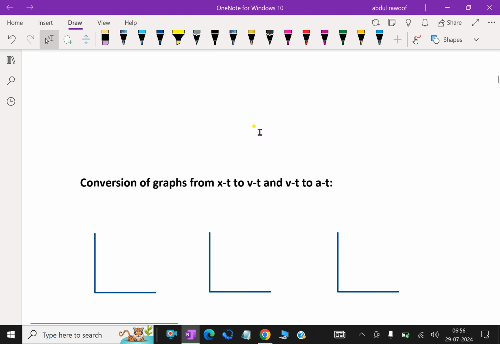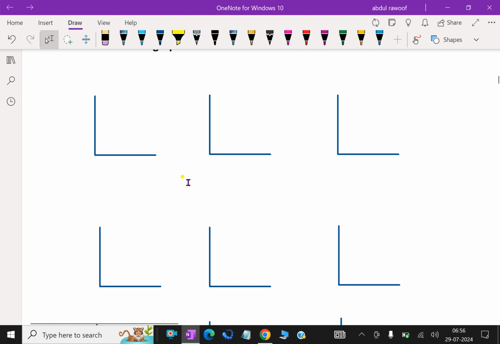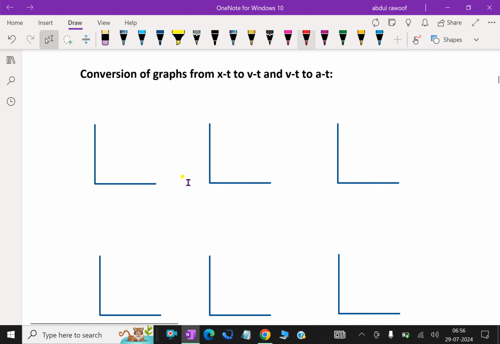Now next, conversion of graphs from x-t to v-t and v-t to a-t. Here x is the distance and t is time.